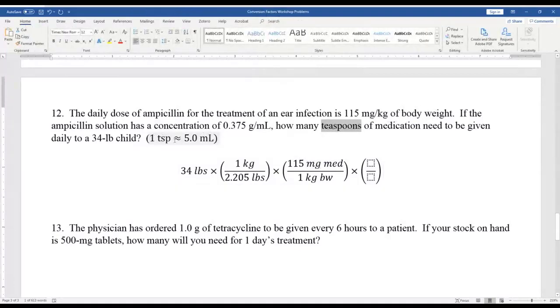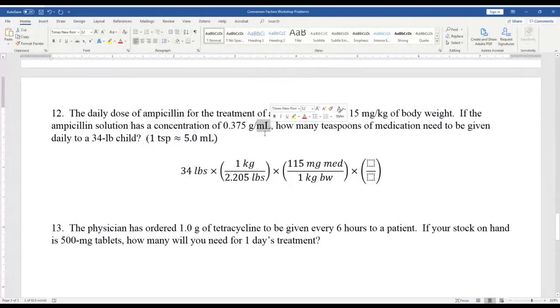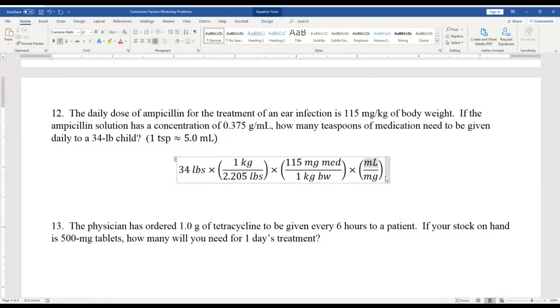Teaspoons looks like it's related to milliliters. Well, the only thing that relates to milliliters is grams, and we have milligrams, not grams, so we have to convert the milligrams to grams. Sometimes you can even do a plan of attack and work backwards on these. But yeah, this is definitely a more challenging problem. We're going to go milligrams to grams.